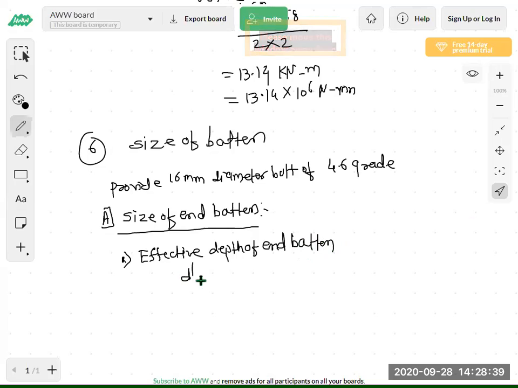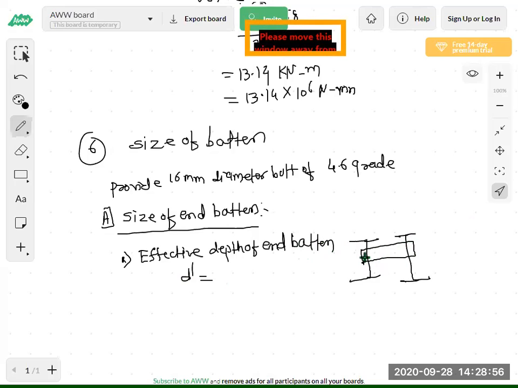So D dash is equal to, so if this is the I section and if we provide the batten like this then here bolts are there, and so this is S, this is G and this is G. Okay, so what is D dash?